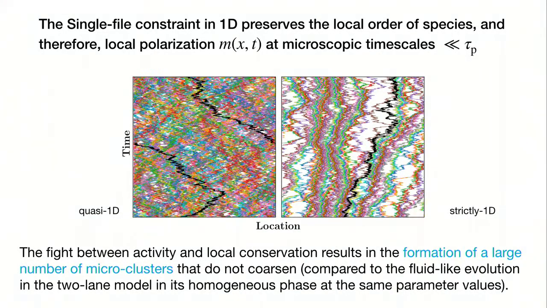So what is the reason for that? If you look at this quasi one dimension, there is a lot of activity going on. The system mixes, so locally the system equilibrates, and you can have a Bernoulli product measure locally.